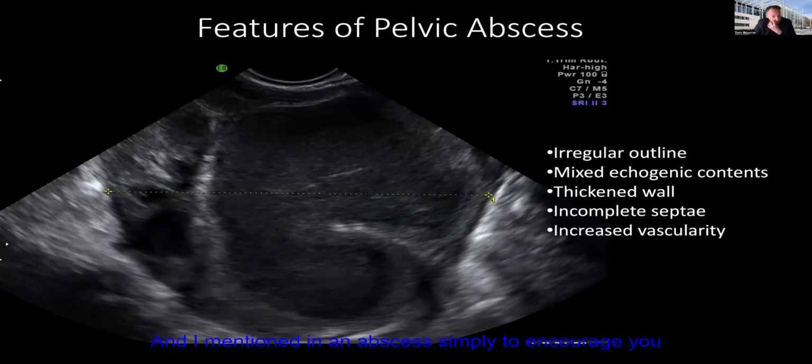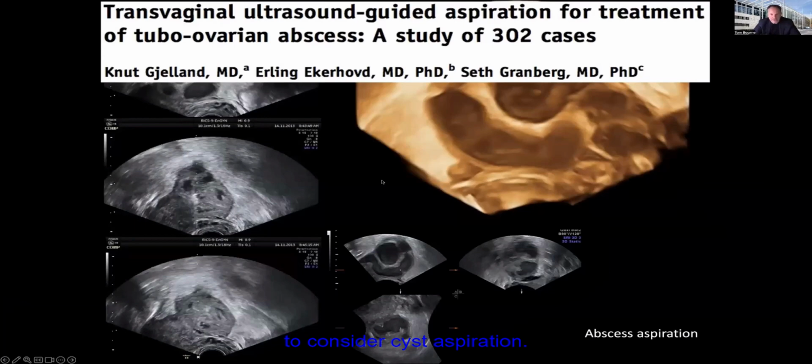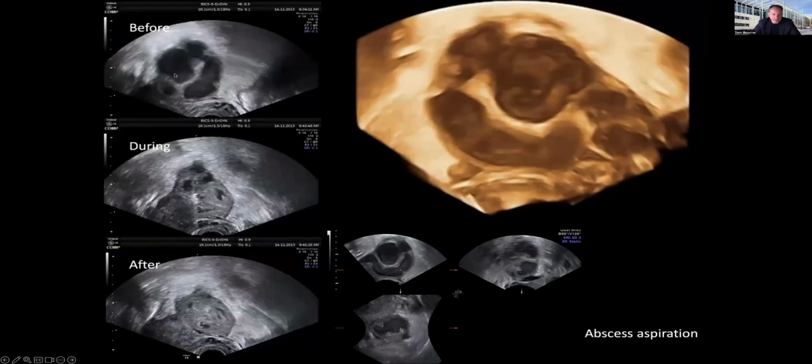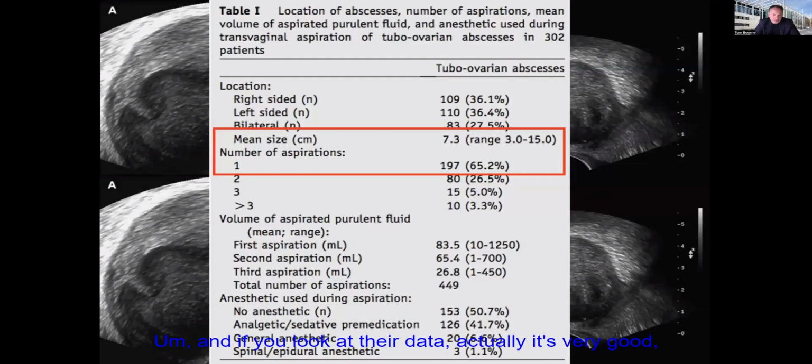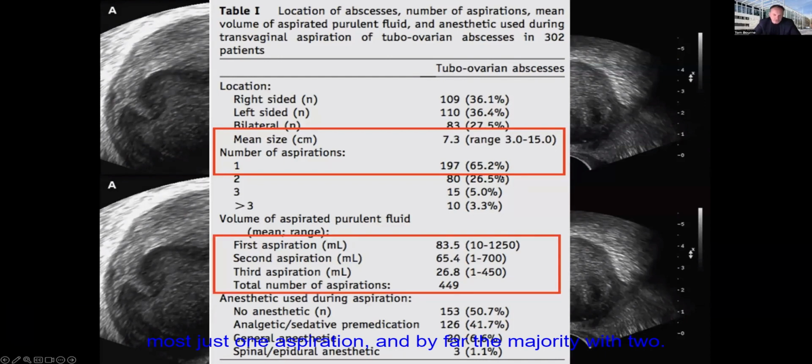And I mentioned an abscess simply to encourage you to consider cyst aspiration. Seth Granberg and Knut Galen published this some time ago, but you can see under ultrasound guidance, it is relatively straightforward sometimes to put the needle in and aspirate the contents of an abscess, and so avoid laparoscopic drainage, which can be difficult. If you look at their data, it's actually very good: almost over 300 abscesses, mean size between 3 and 15 centimeters, and they pretty well had success, most with just one aspiration, and by far the majority with two.